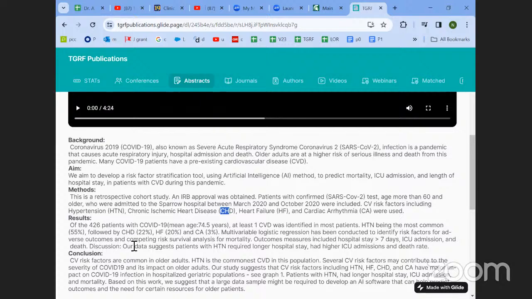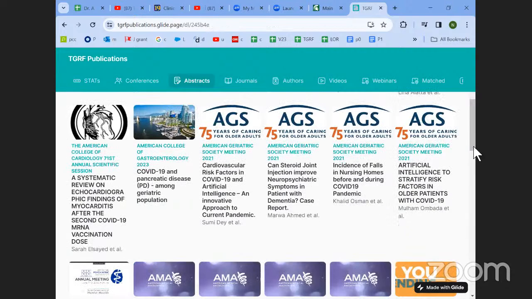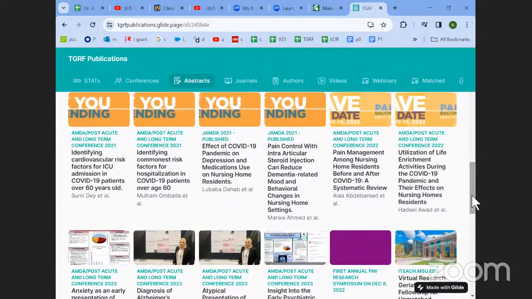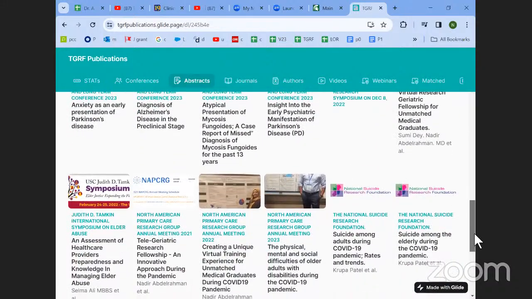Then you analyze your data, and then you come to the conclusion part where you say what you think this data shows. This is one abstract, and you can go to other abstracts as well. We participated in other conferences.